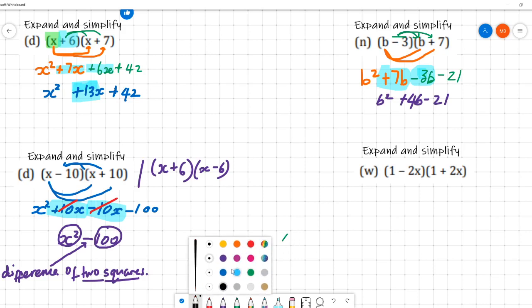Now let's look at the last example, which is slightly different to all of the ones that we've seen before. And the reason why it's slightly different, there's a couple of things we can see. The first thing that we can see is we no longer are starting off with an x or a b or a letter. We're starting off with the actual numbers, and the variables are now in the second position inside the brackets.